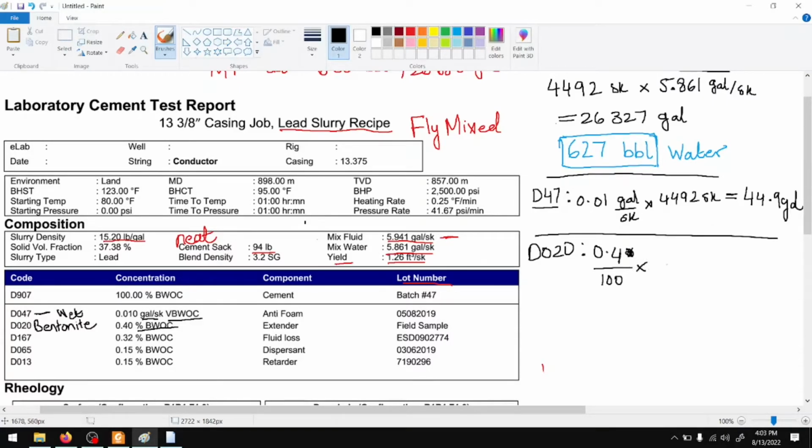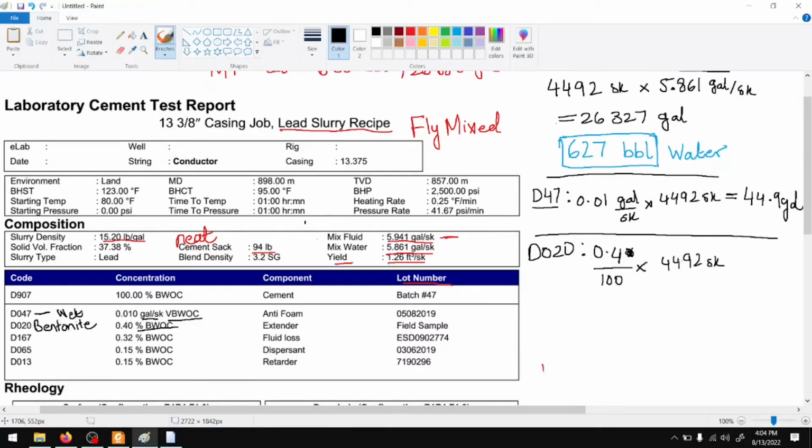Multiply that by 4492 sacks. But as we saw, this is percentage by weight of cement, and this percentage is in terms of sack weight. So a better explanation would be to think of this slurry in terms of a single sack. When you add 1 sack of dry material, 0.4% is going to be bentonite.